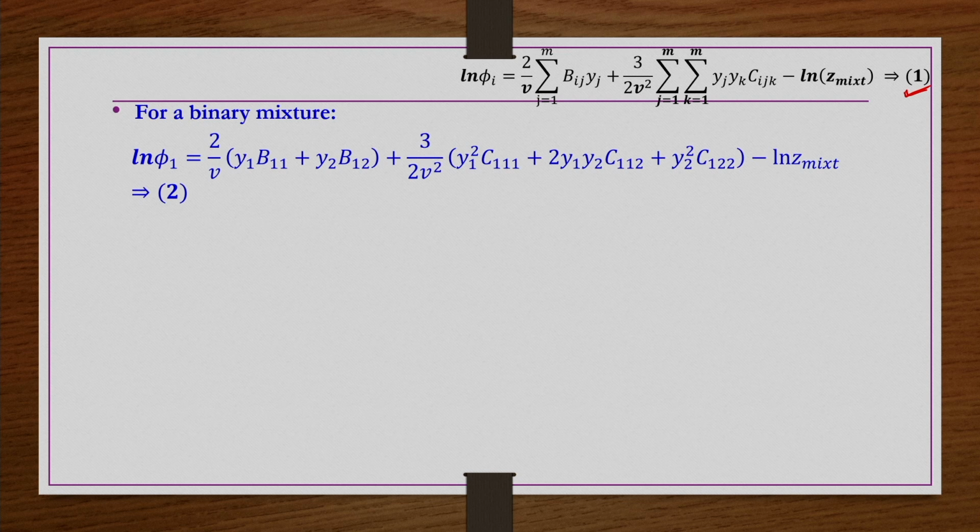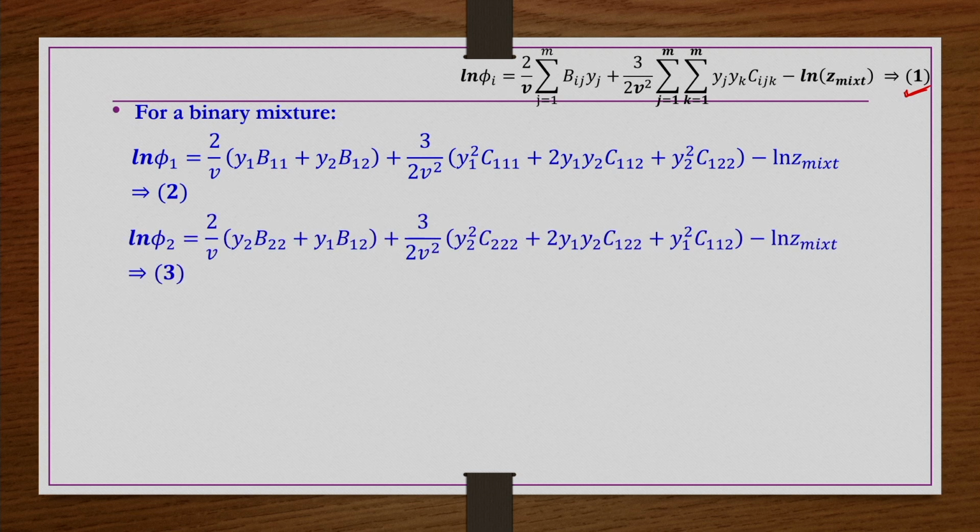Then for component 1 we can write this equation: ln phi 1 equals 2 by V (y1 b11 plus y2 b12) plus 3 by 2 v square (y1 square c triple 1 plus 2 y1 y2 c double 12 plus y2 square c 122) minus ln z mixture we get. Similarly, ln phi 2 we get this expression, right.